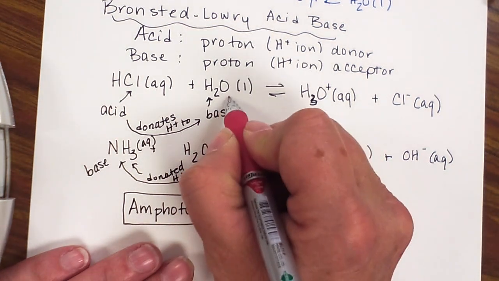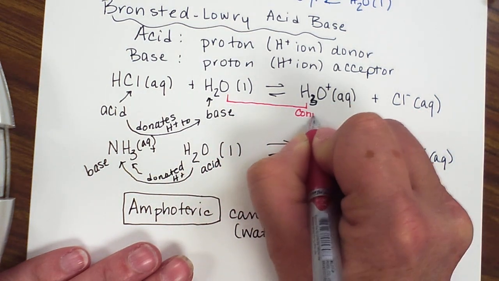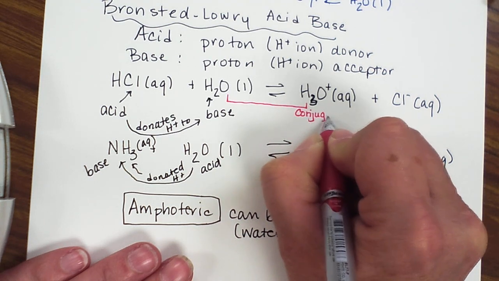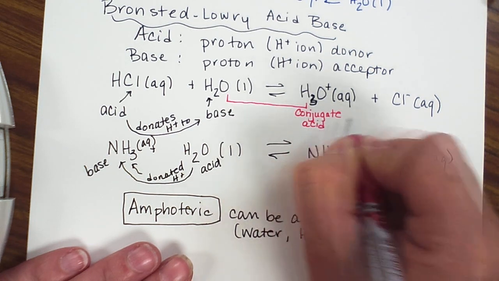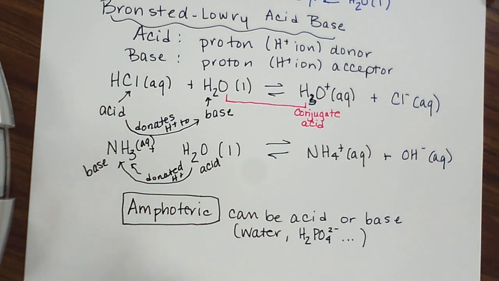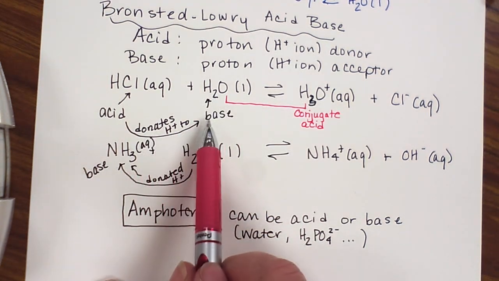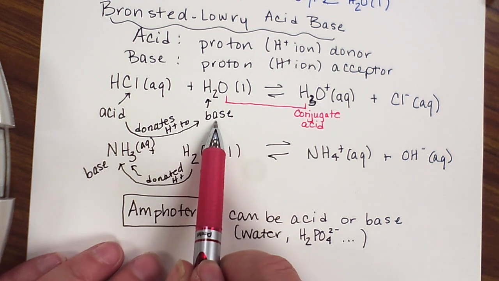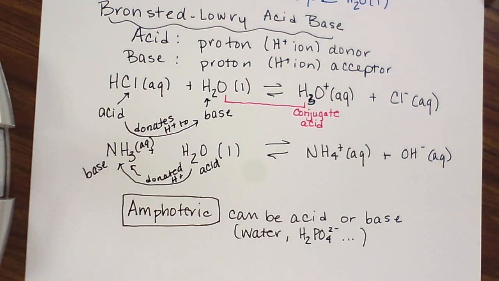So this base becomes the conjugate acid. Why? Well, now it's an acid, isn't it? And the reason that it's a conjugate acid is because it can now give off an H+. And then it would be water. See that? So it was a base to begin with because it was going to accept the proton, and then it became a conjugate acid because it now has an extra proton to give off.